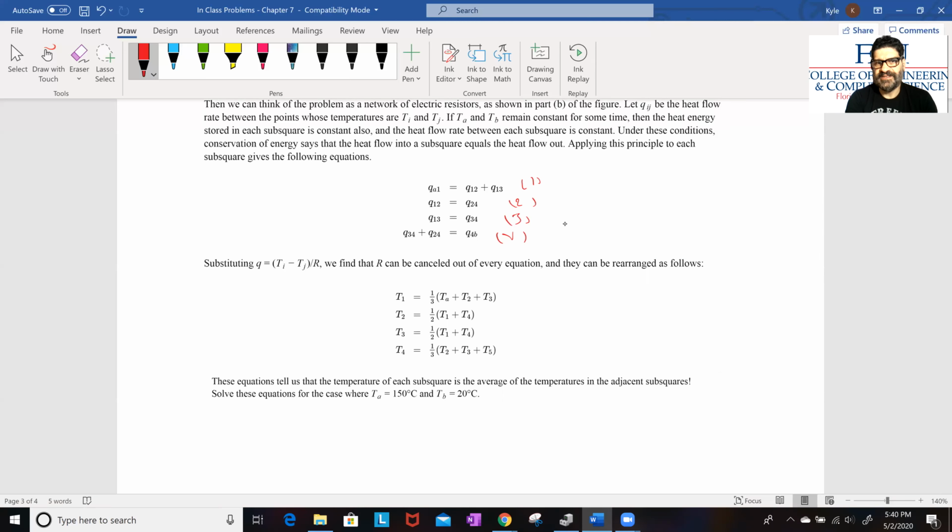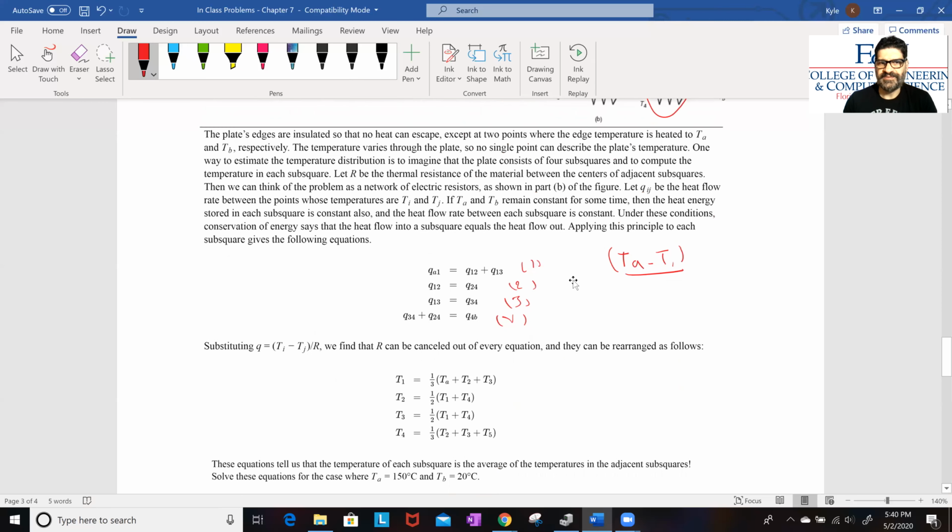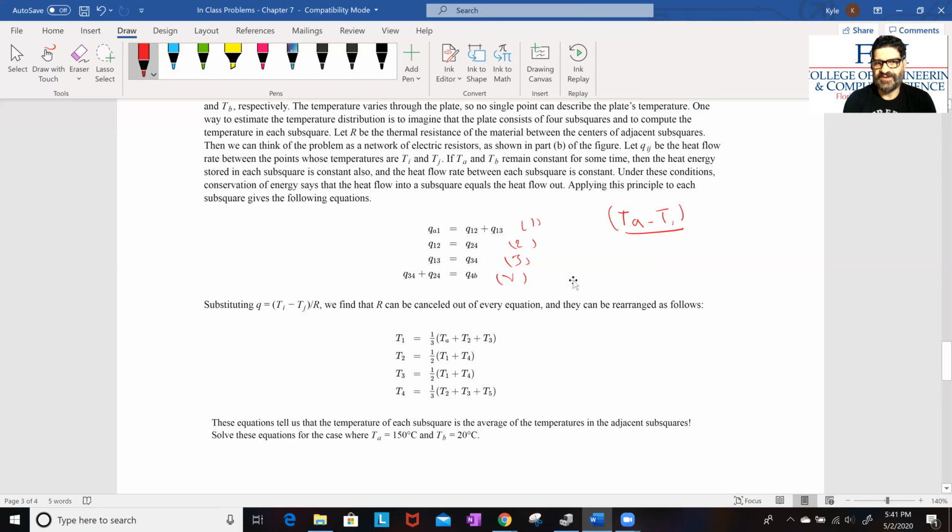Rearranging, for example for QA1, you write that as TA minus T1 divided by R, in this case R1. Since R is the same everywhere, it can be cancelled.